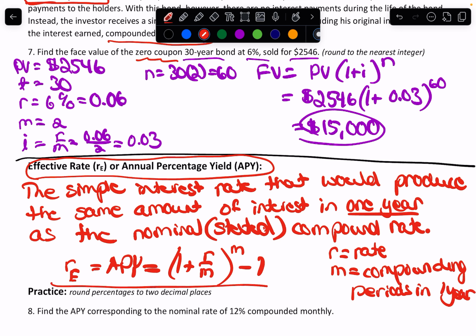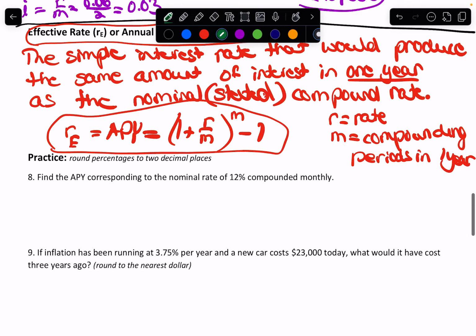Again, this formula is on the formula sheet. Okay, so let's practice. Find the APY corresponding to the nominal rate of 12% compounded monthly. So our rate is 12%, 0.12, M is 12.